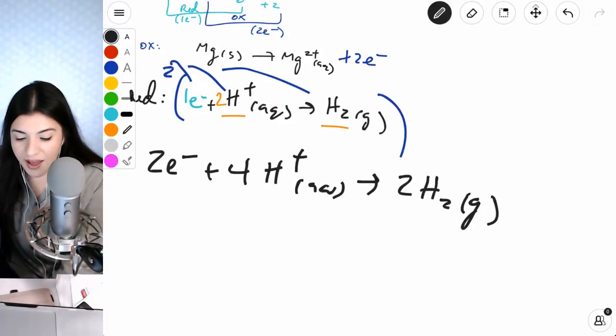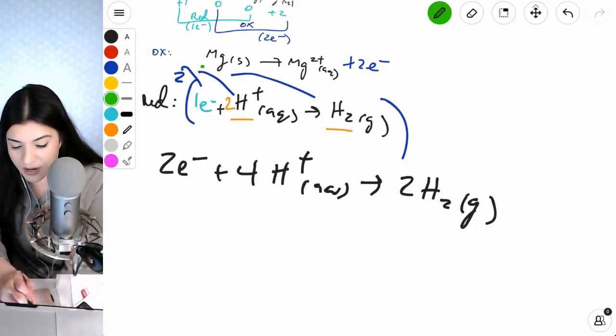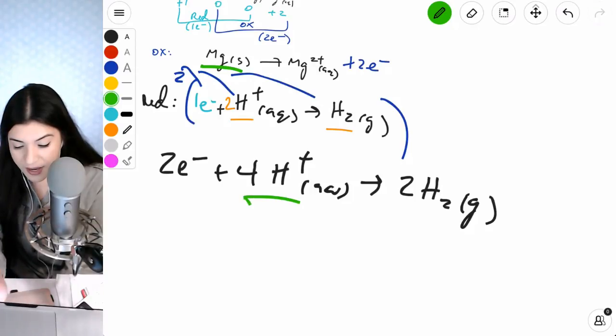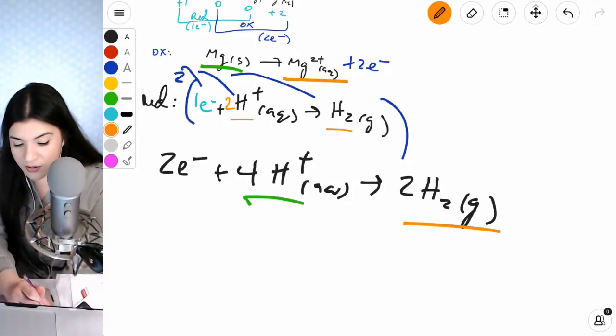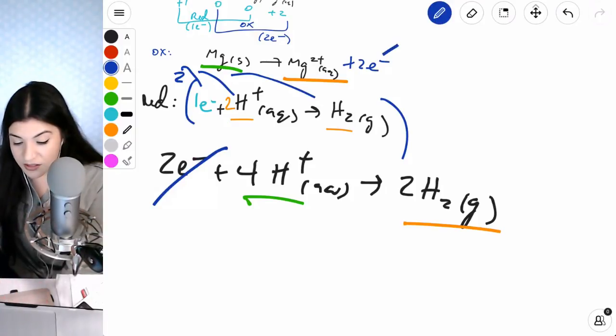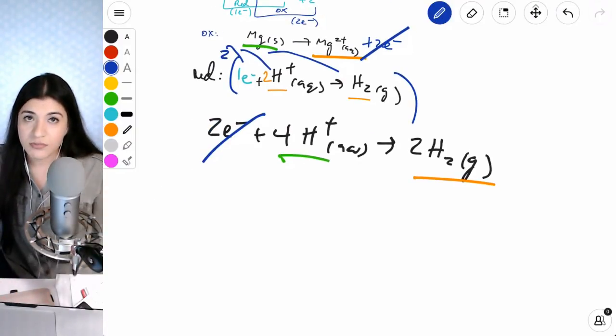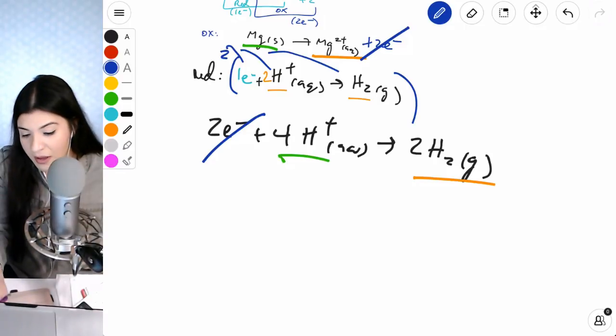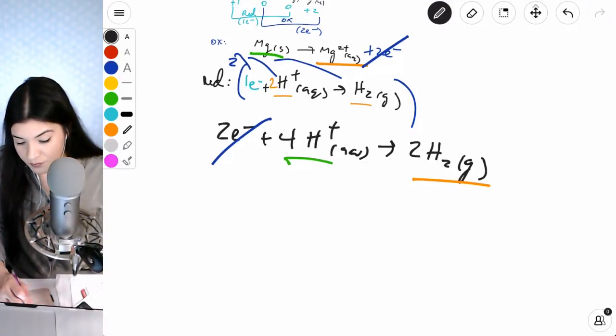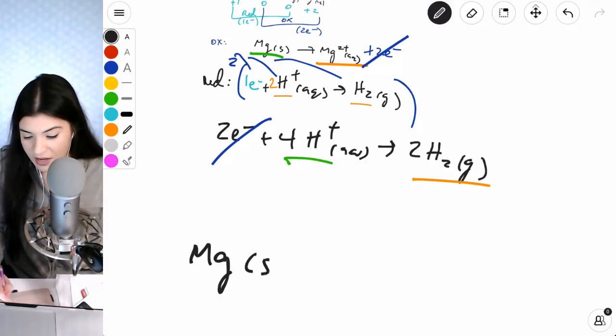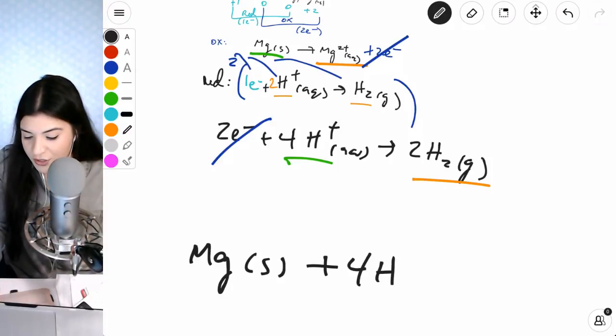From here, we add all of our reactants together and all of our products together. Our electrons will cancel. They always will, since you have to balance them and make them the same. I've typically been asked whether the order of the reactants or products matters.